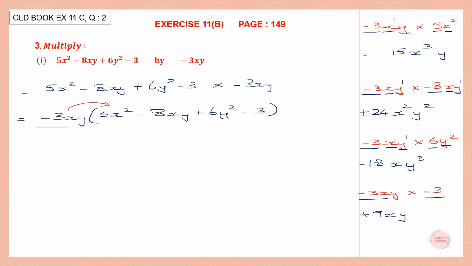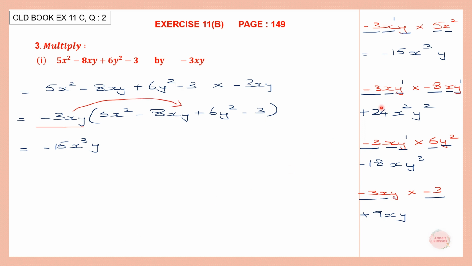So that is minus 3xy into 5x square, which we've already done here, and we got this. So let's write that down here. That is minus 15x cubed y. After you finish with this, now we multiply minus 3xy into the second term.